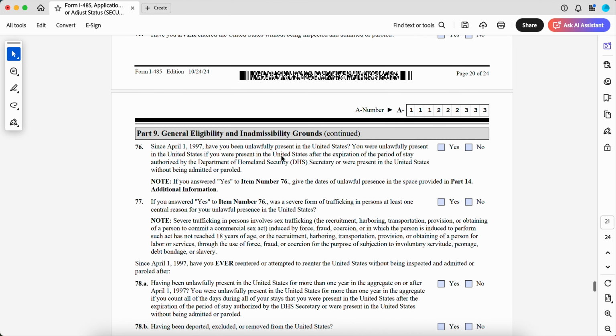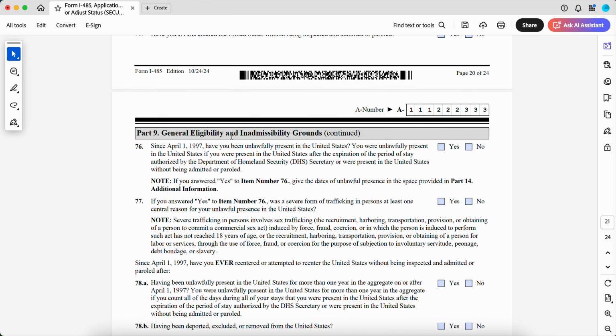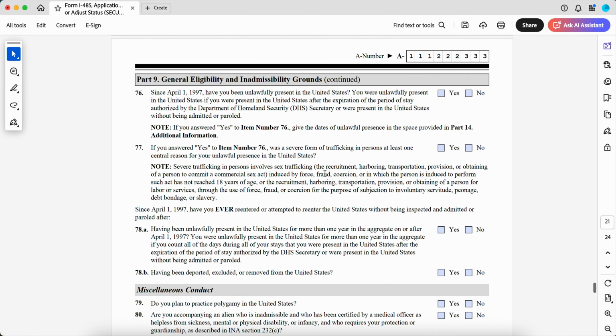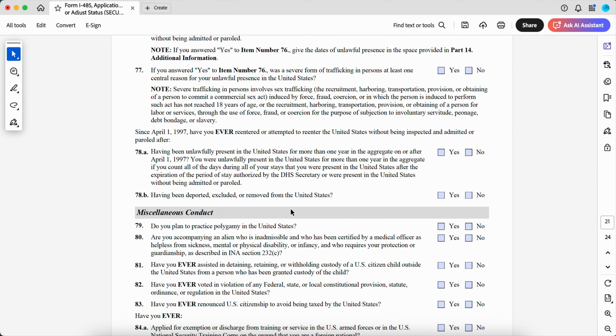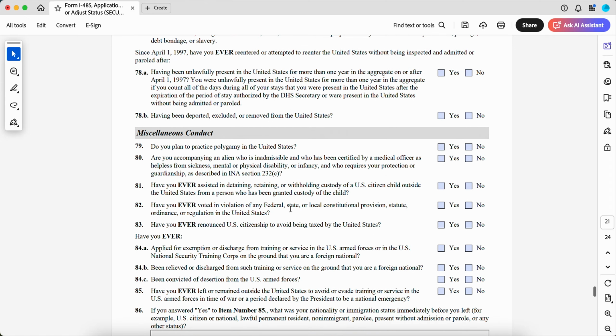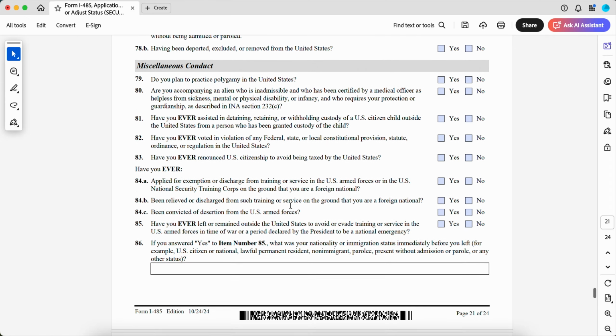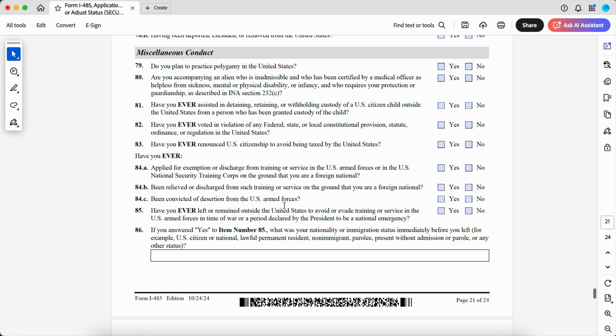You have to write if you were unlawfully present in the US since April 1, 1997, and all the similar questions. Then these are the questions about your intentions in the United States and your history again. So you have to answer those truthfully too.